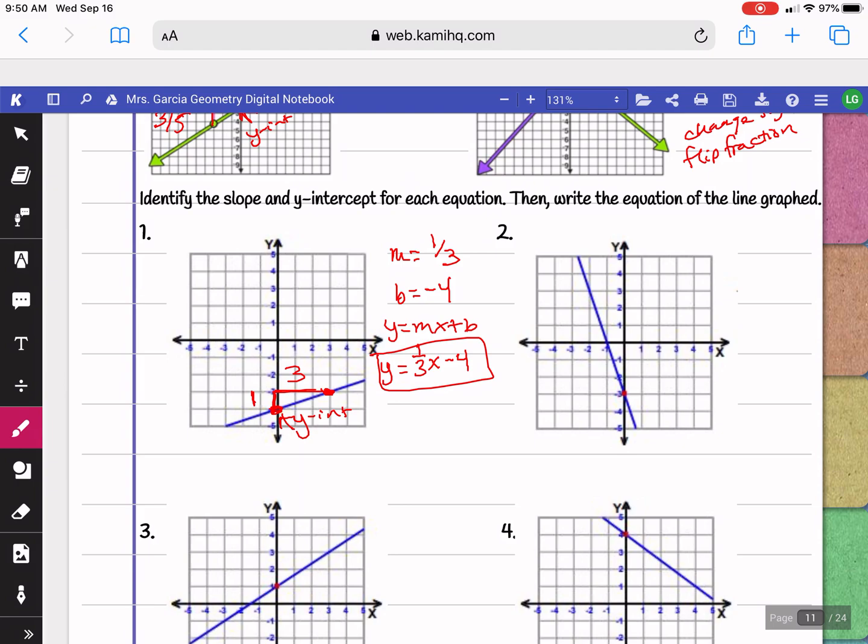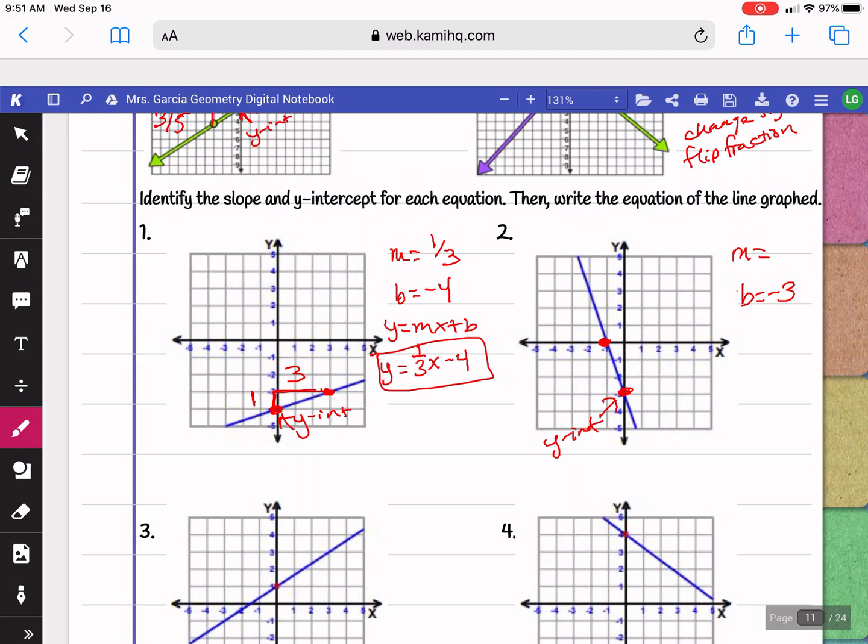For question 2, my y-intercept is here at -3. So that's my b. For my slope, I want to choose at least one other point that crosses nicely. So I'm going to use the x-intercept because there I can see exactly where it crosses. And then I ask if it's going up or down.